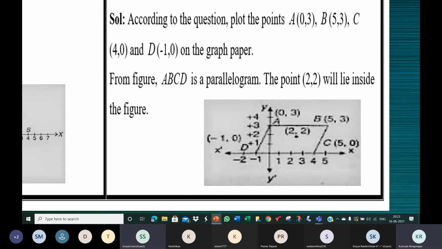You can just write this down as I'm saying. In a quadrilateral, when one pair of opposite sides, here AB and CD, is parallel and equal, then it is a parallelogram.